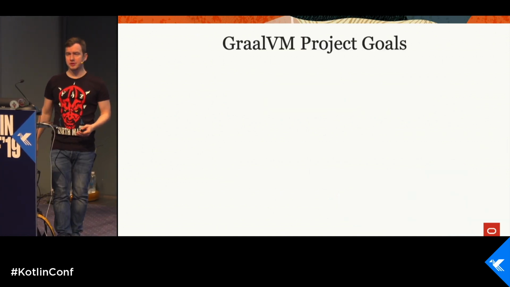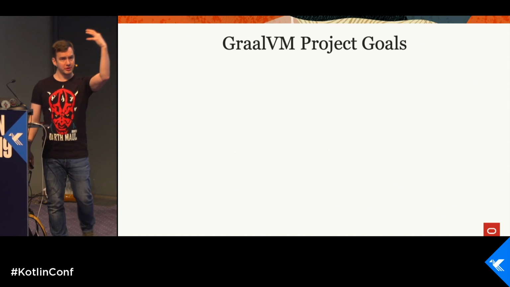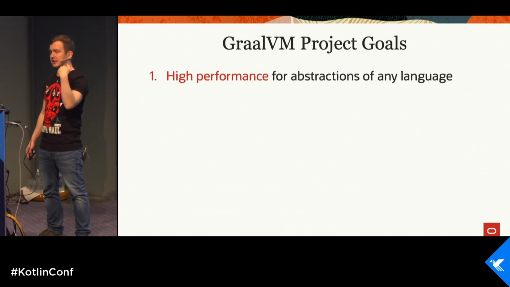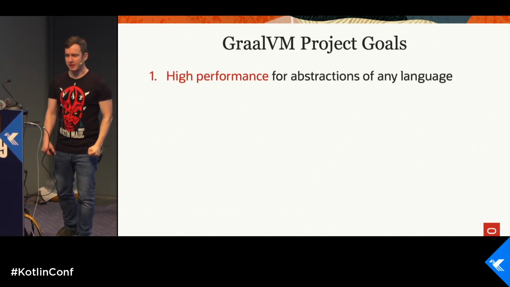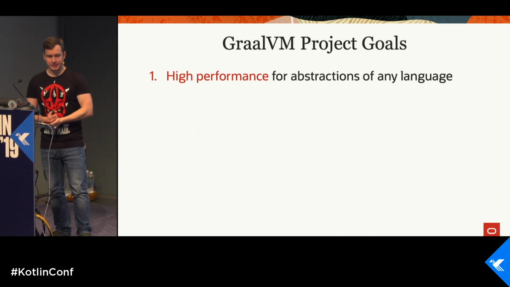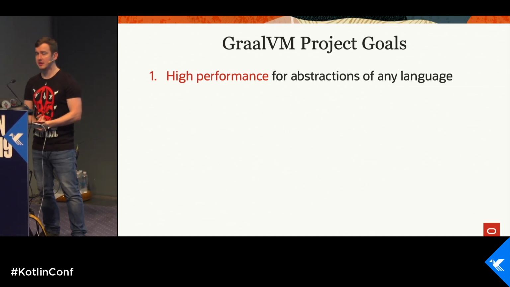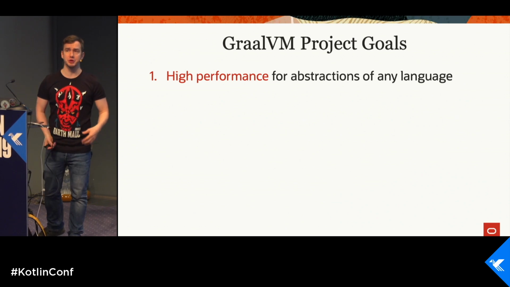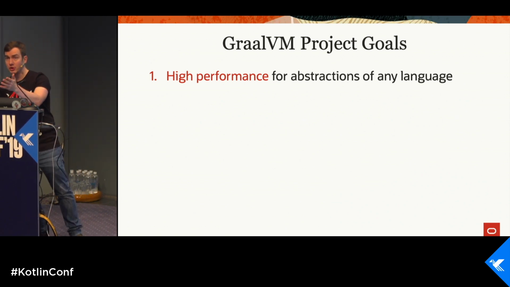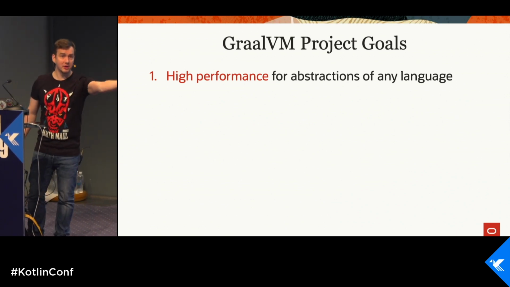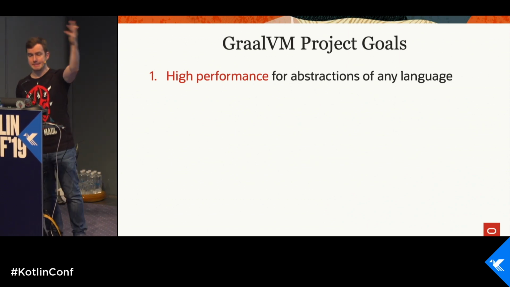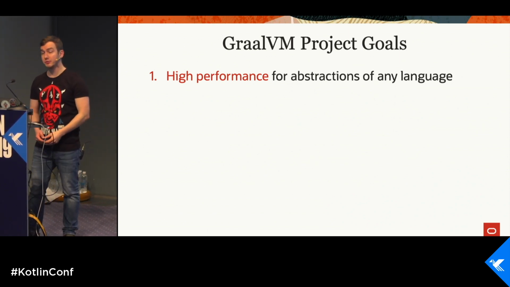The GraalVM project goals and the value that you can get from using GraalVM today is that we run the languages that we support quite fast, and specifically for the JVM languages, and specifically for running, say, Kotlin on the JVM, you can get higher performance than otherwise.